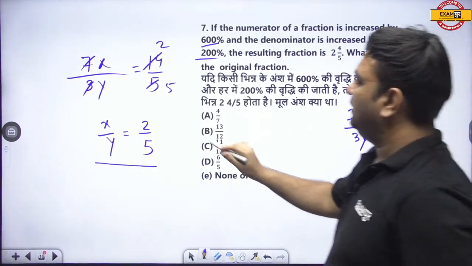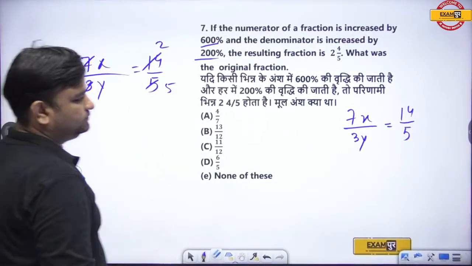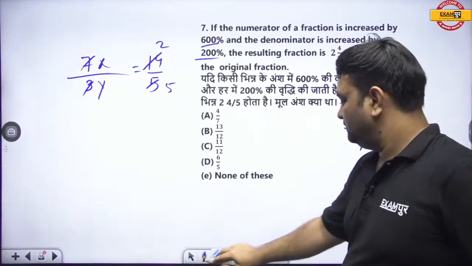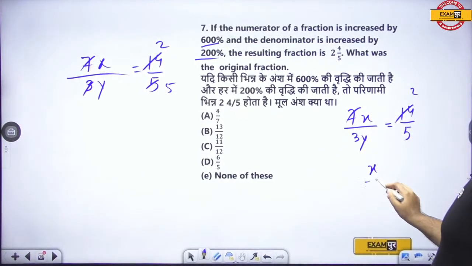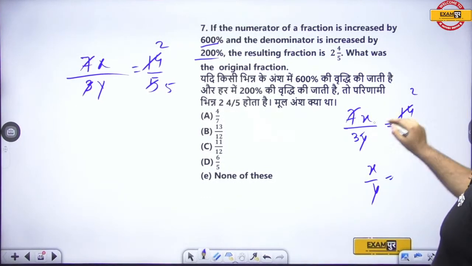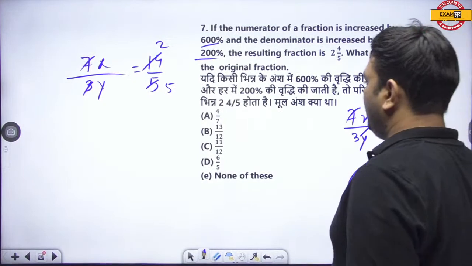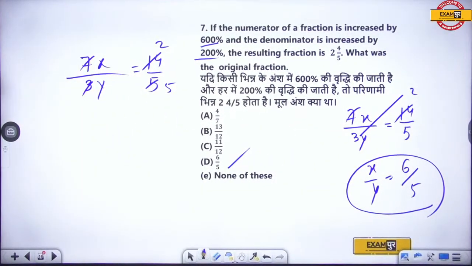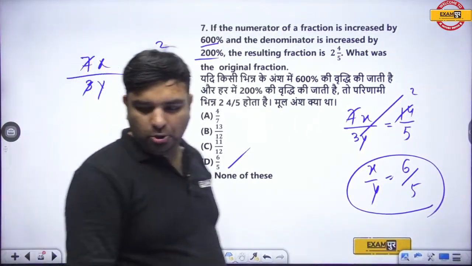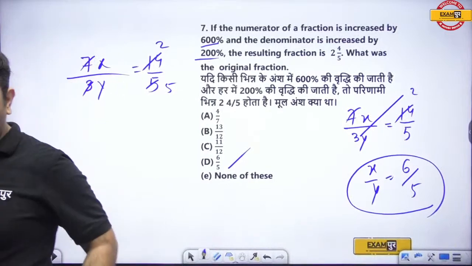Oh yes, it was 5. Take this 3 in the numerator, so x over y is 6 by 5. Yeah, that simplification was not there. So x over y is 6 by 5.